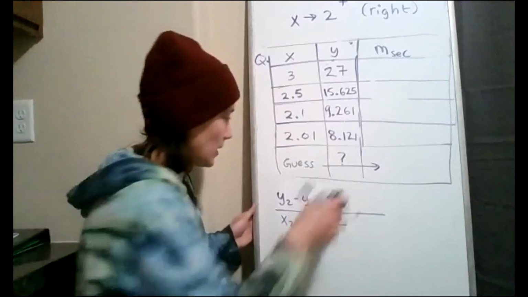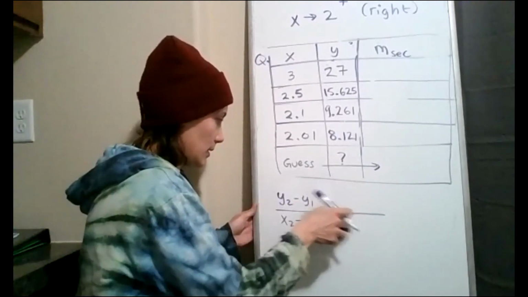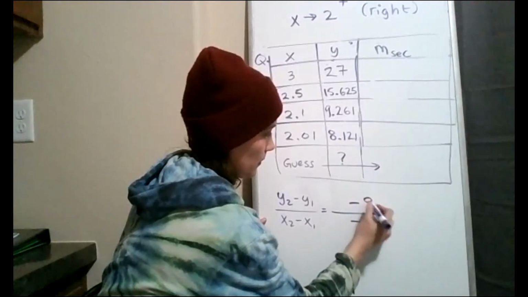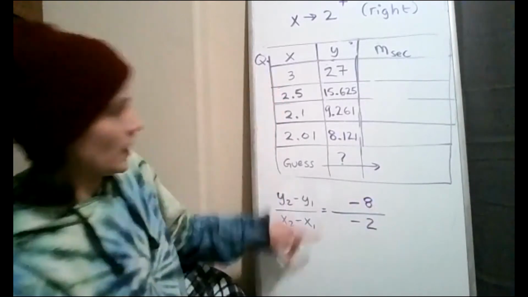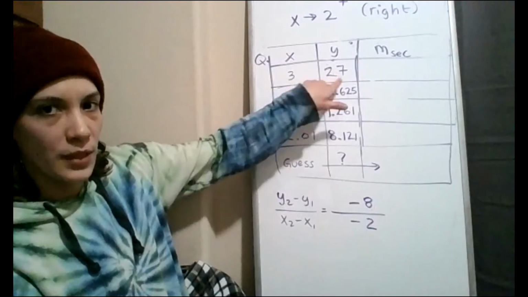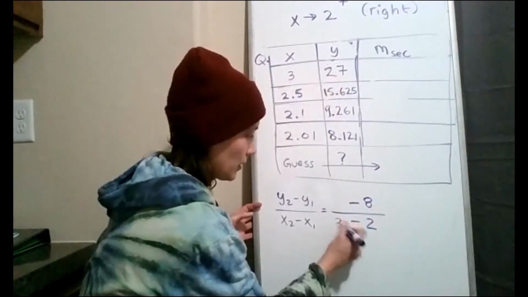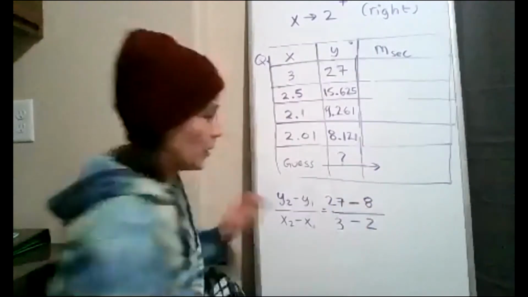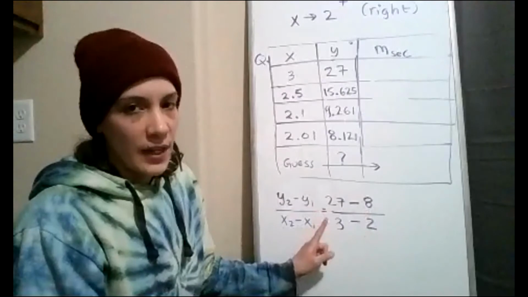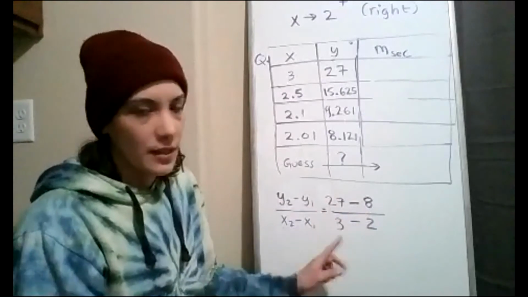Actually, I just had a habit of putting my other points in first. So 3, 27 is one point, and we're approaching the point 2, 8, and then finding the slope of the line through those points.